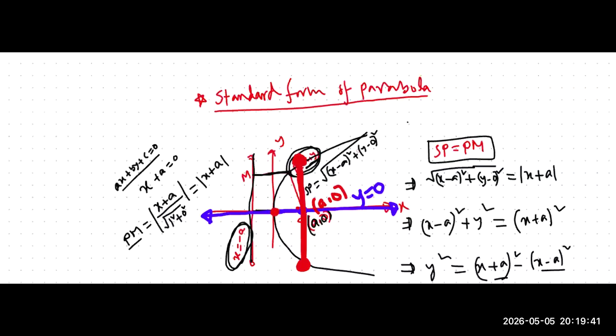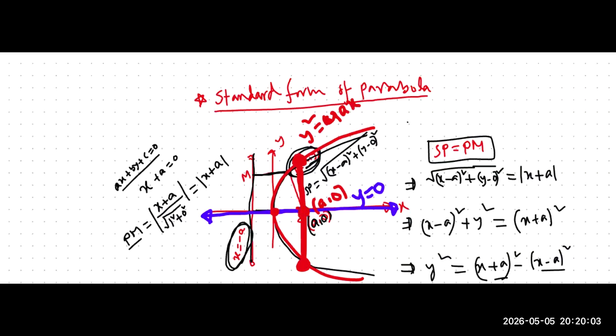Since the equation of this curve is y square is equal to 4ax, and at this point x is equal to a because this point is our focus.